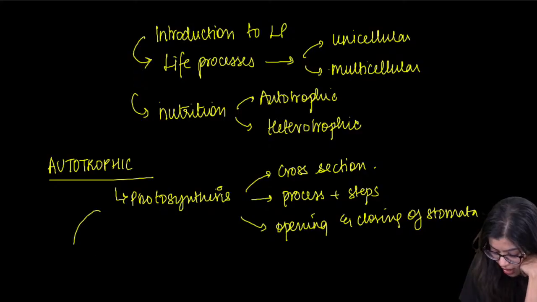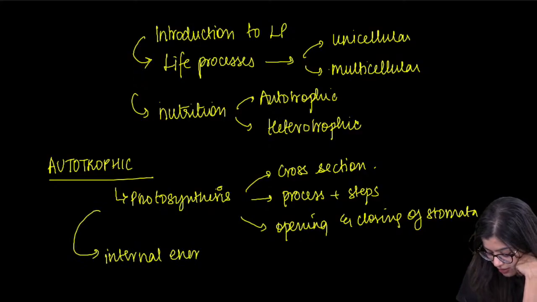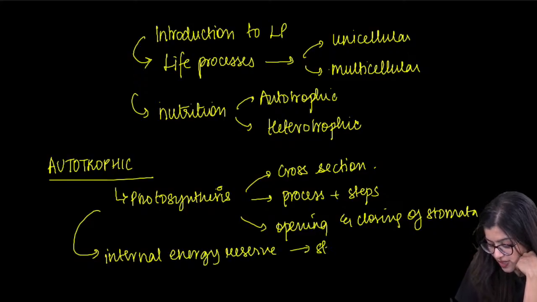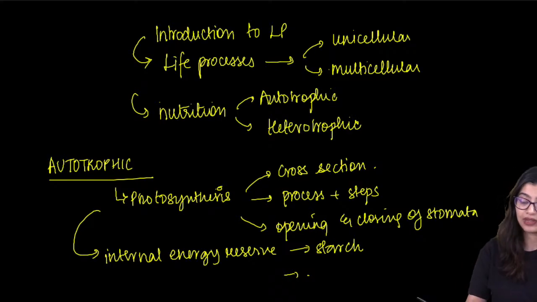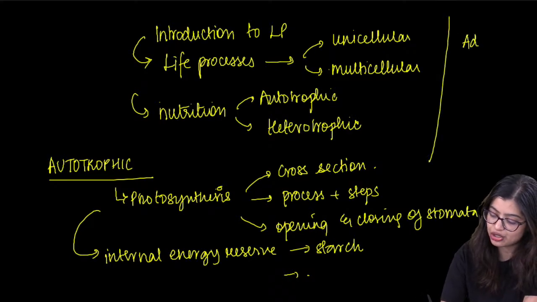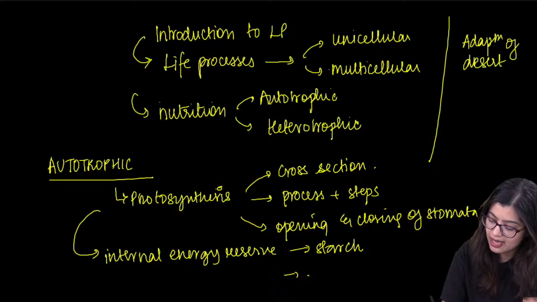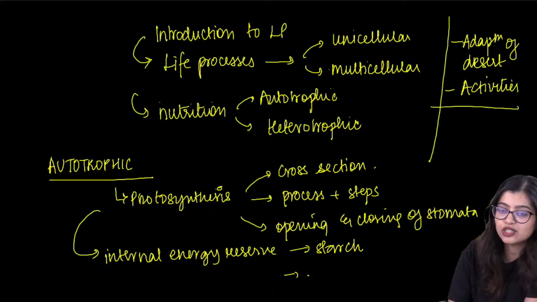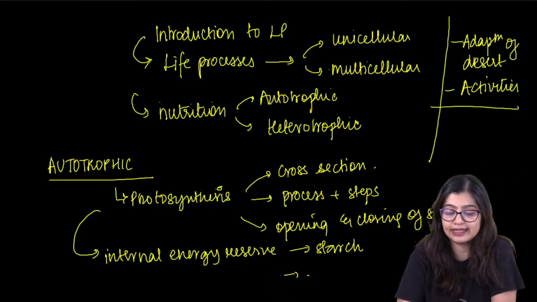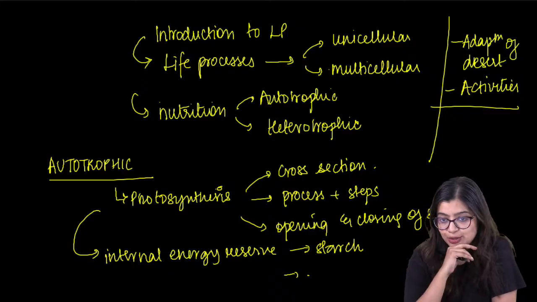Then we learnt about how there is an internal energy reserve stored in the form of starch. And along with that, we learnt about the other nutrients that are getting utilized as well. Then we learnt about the adaptation in desert plants, and we also looked at the activities. So this was to quickly summarize what all we have learned today.